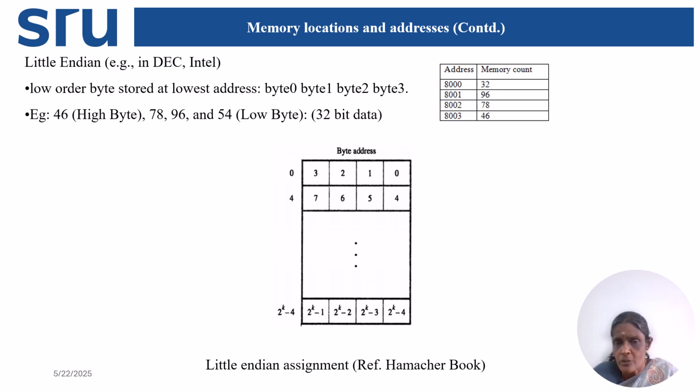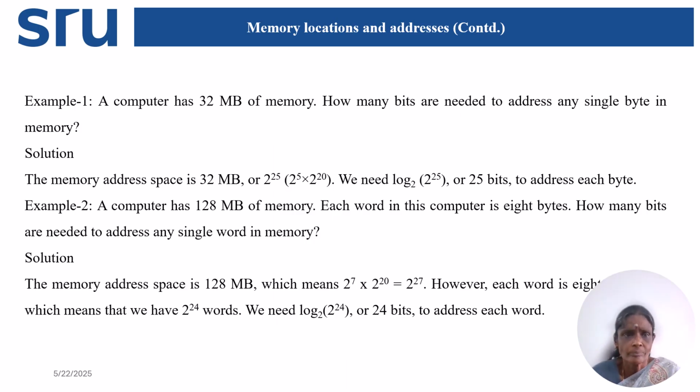So if you want to store GOOD, in little endian it is stored one way, but in big endian it is stored the other way. That is the difference between the two. Little endian is used in DEC and Intel. Lower order byte at lowest addresses, so byte 0, 1, 2, 3 like that. The order is changed.